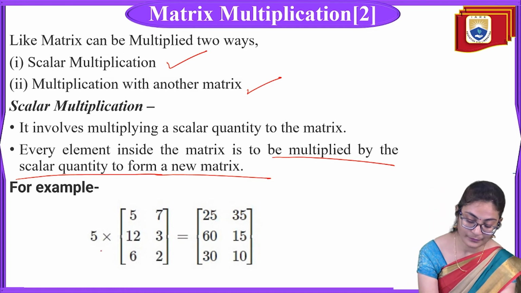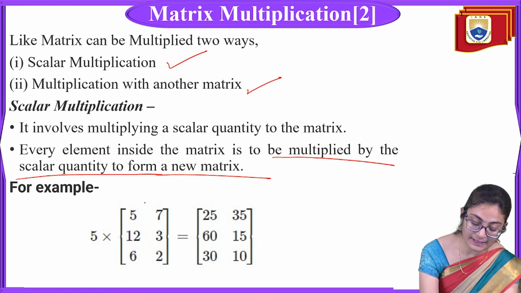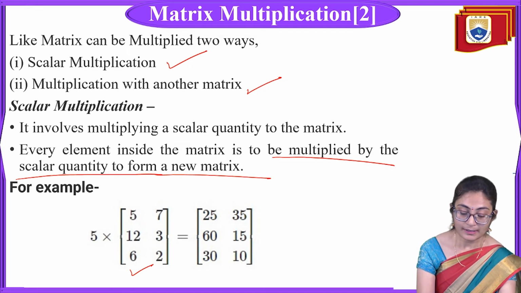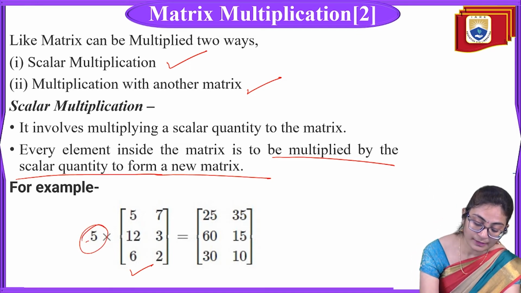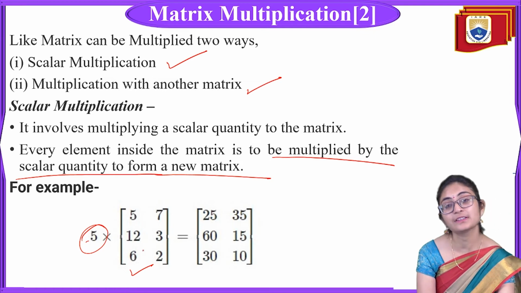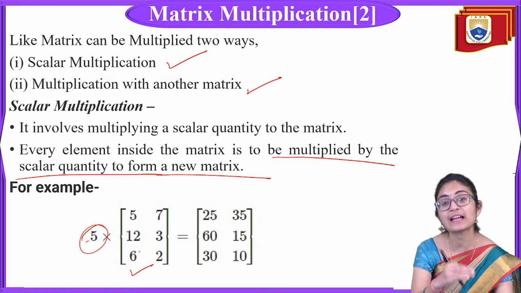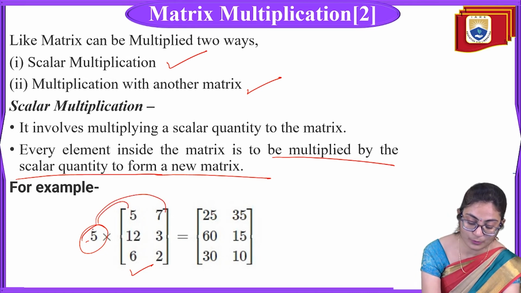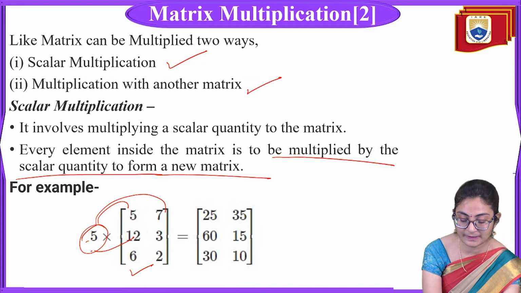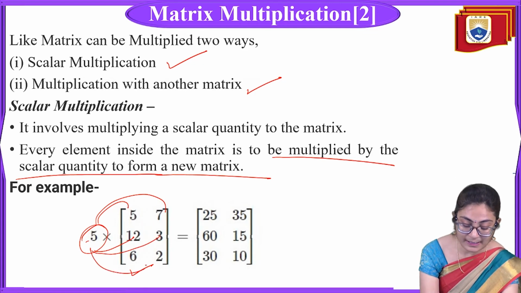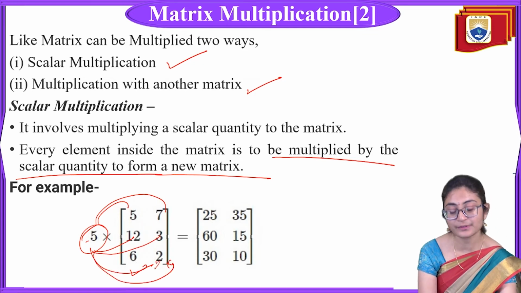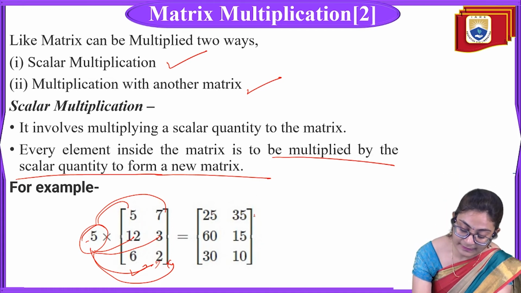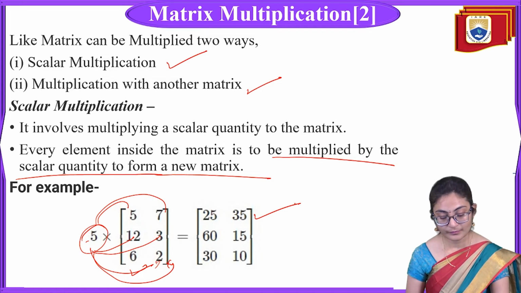We have some matrix, for example this is our matrix, and we are multiplying it by 5. Now this 5 will be multiplied with every element available in the matrix: 5 into 5, 5 into 7, 5 into 12, 5 into 3. That means it will multiply with every element. And now we get this matrix as a result.